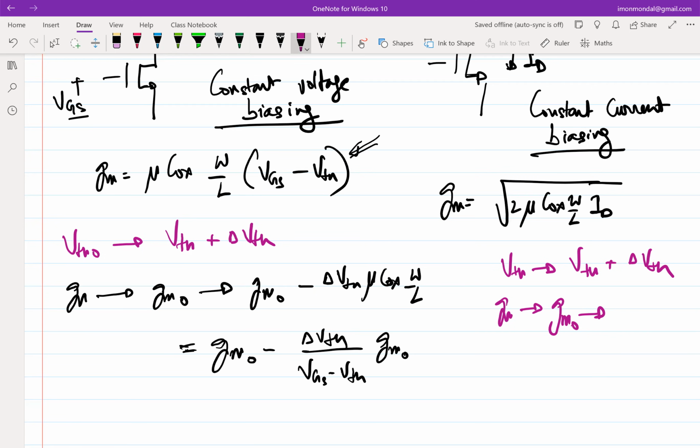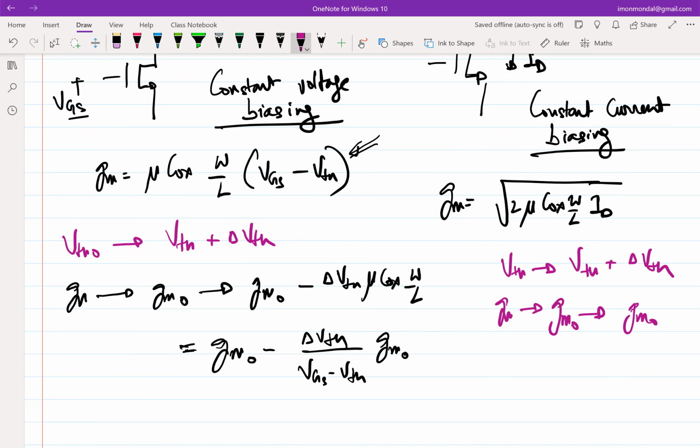Because the current is not changing. So there's no change. It remains at GM naught. As you can see, there's a clear advantage, at least using the square law model of the MOSFET. A change in threshold voltage for a constant current bias circuit doesn't change your GM. So that's a good enough reason to use constant current bias.